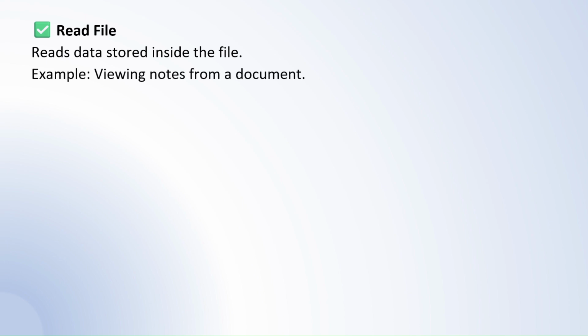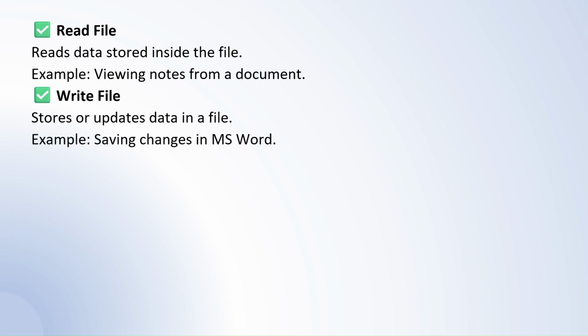Read file. The operating system reads data stored inside the file and displays it to the user. For example, viewing notes stored in a document. Write file. This stores new data or updates existing data inside the file. For example, saving changes in MS Word. Delete file.